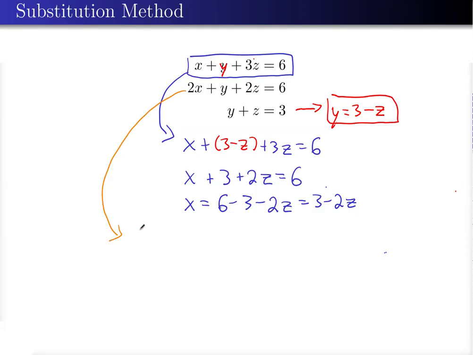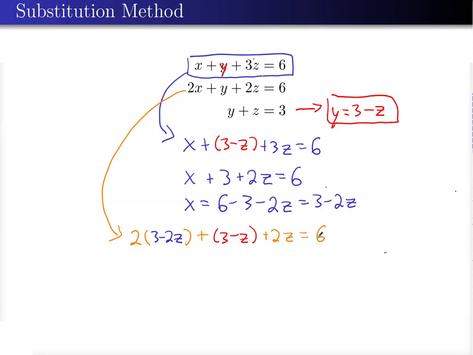So if we're doing this, we're going to have a 2 times x. Well, x we found happened to be 3 minus 2z, and we have a plus y. Well, y we found was 3 minus z. We still have a plus 2z, and all of this stuff is equal to 6.